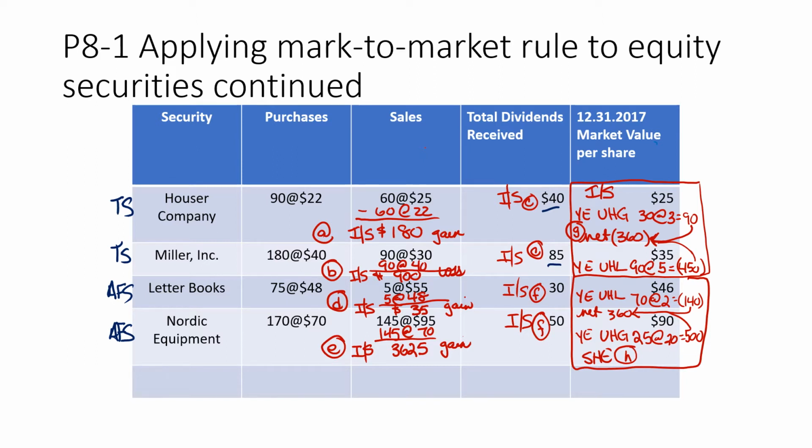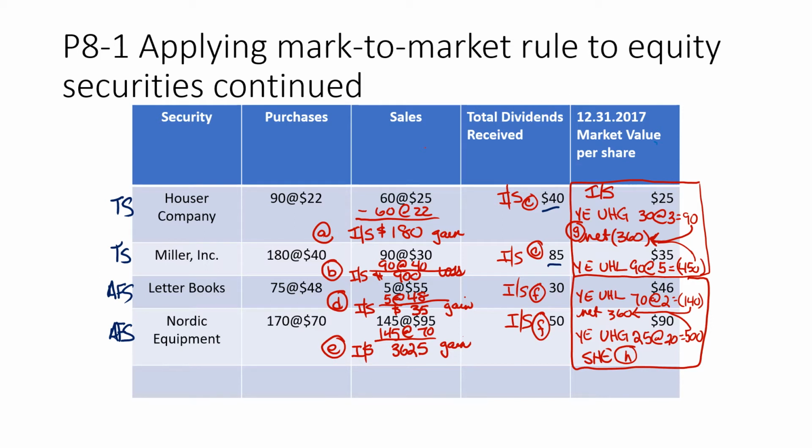Then at the end of the year, the market value of the stock is $25 on the last day of the year. We bought it for $22, which means that it increased $3, and we have to mark up the remaining shares, which are 30 shares. We started with 90, we sold 60, so we have 30 left.